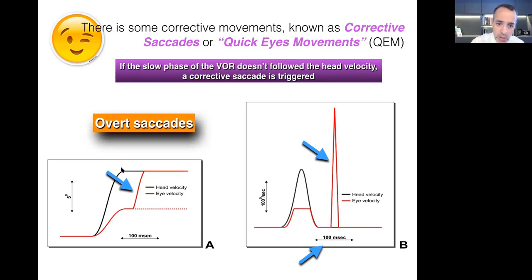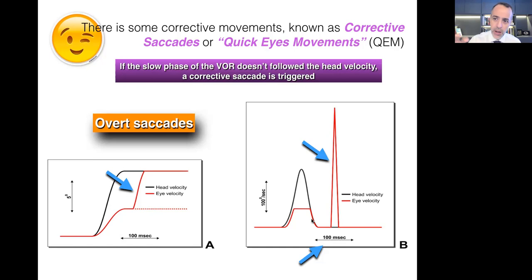There's a difference between head movement and eye movement, so your brainstem triggers a saccade just to correct this difference in position. So this is a positional plot, this is a velocity plot. Here's the head, here's the eye velocity, and here are what we call overt saccades. And why do we call them overt saccades? We call them overt saccades because they happen after the head movement finishes.